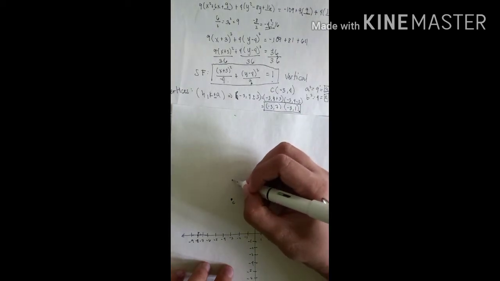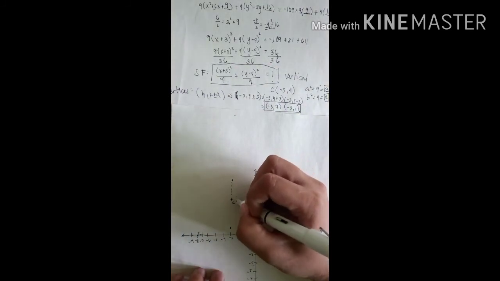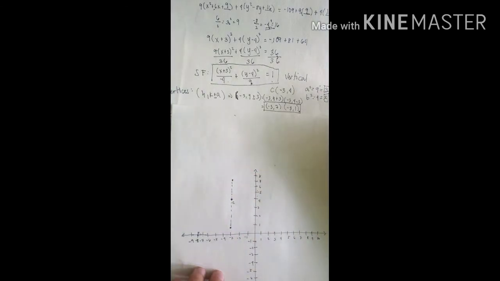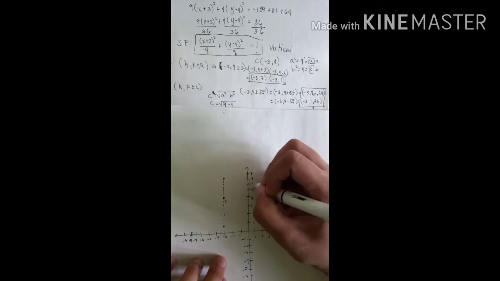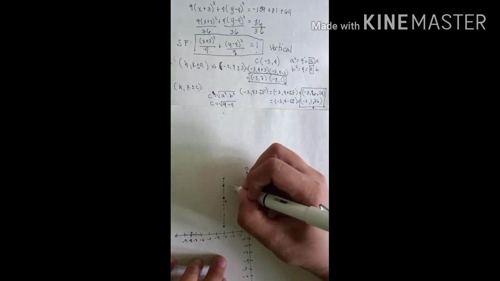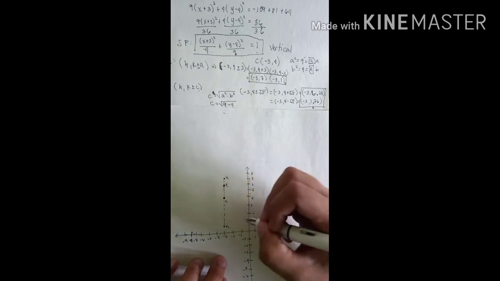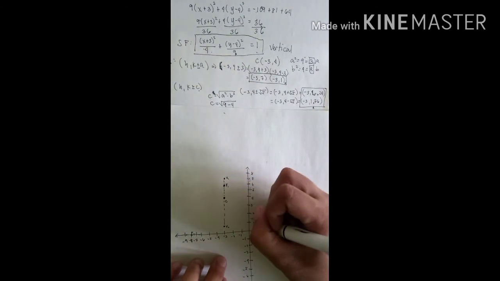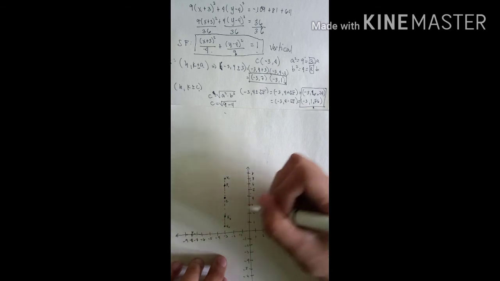Okay, ito, negative 3, 7. And then, negative 3, 1. Next, yung ating foci na nasa negative 3, 6.24. This is the vertices, V sub 1, V sub 2, F sub 1, and then negative 3, 1.76. So, ito, F sub 2.